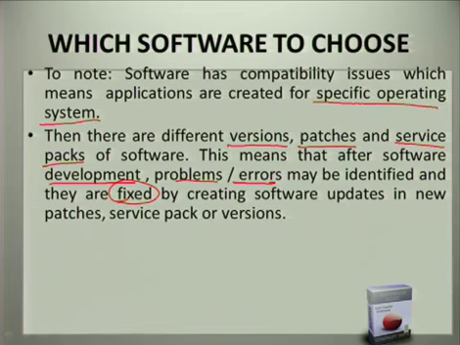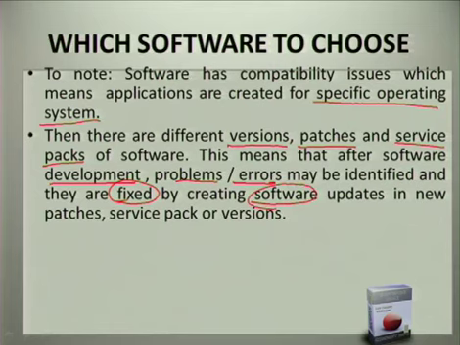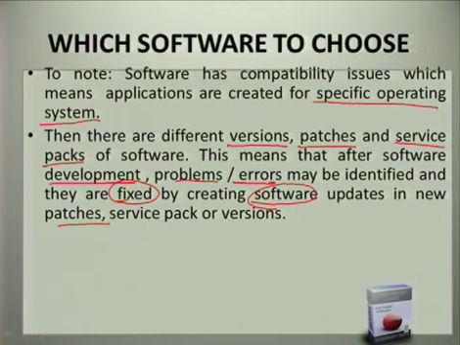To fix these problems, they need to create new software to update the old software. That is why we get updated software in terms of service packs, patches, as well as new versions of software. All right, does it make sense? I hope so. But let's explore a few of these now.